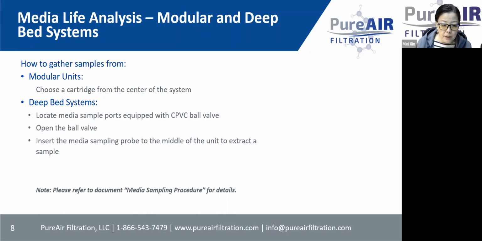And sometimes there are top, middle, bottom ports located on the scrubber system. So please remember, write down where you collected the sample. It's very critical. And also I mentioned that there is a document media sampling procedure for details you can get from Pure Air.